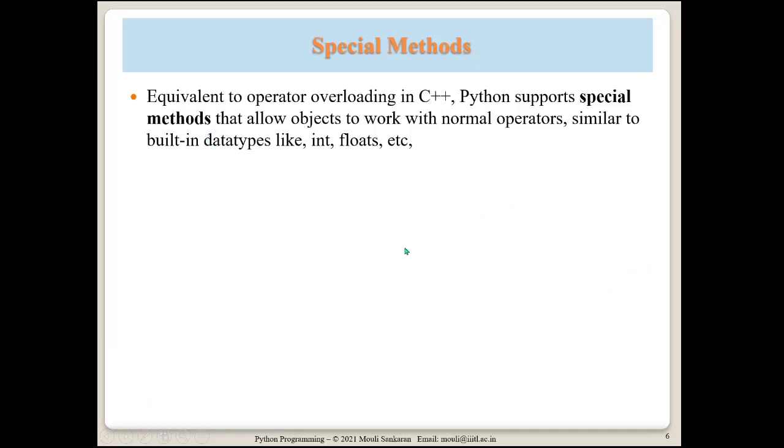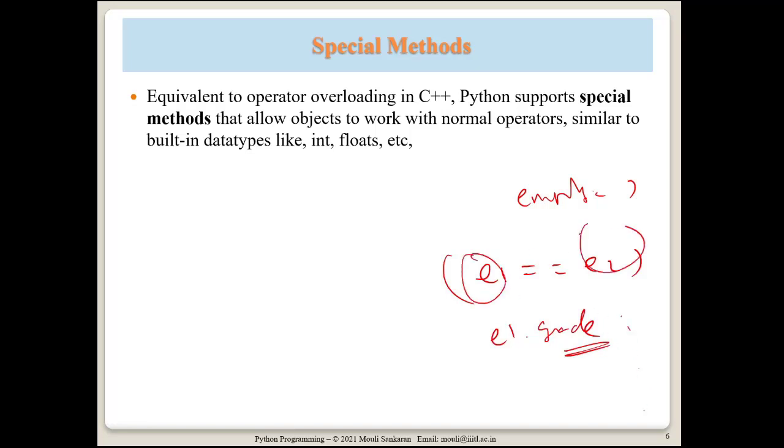So if I do the same thing with objects of my own, say two employees, E1 and E2, I want to say whether they are equal. Maybe I may say that if their grade is the same, grade 1, grade 2, grade 3, if both employees belong to the same grade, then they are equivalent.